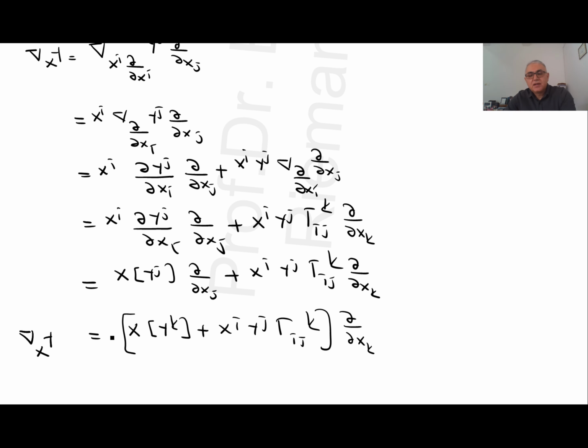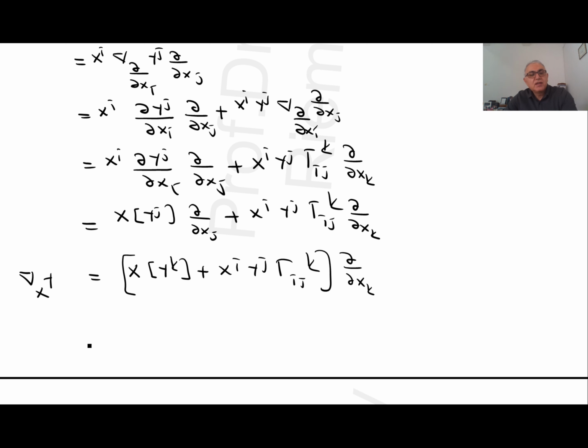So we have this nabla_X Y. Now if you choose X as alpha prime of t, the tangent vector, we can write this as x_i prime partial_i, and also we choose Y as alpha prime of t, x_j prime partial_j.